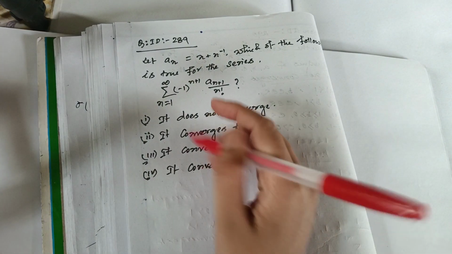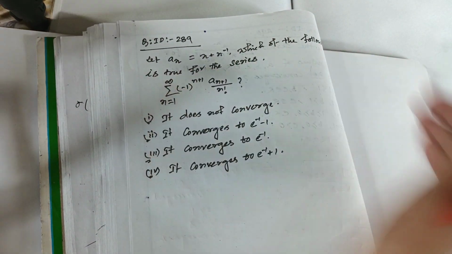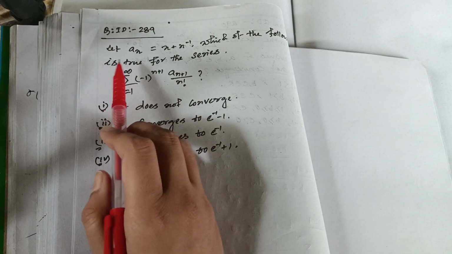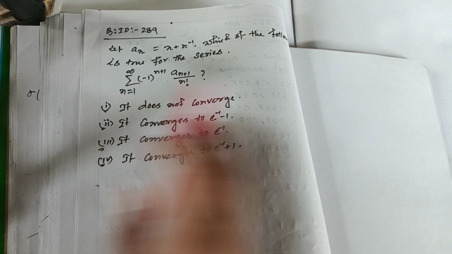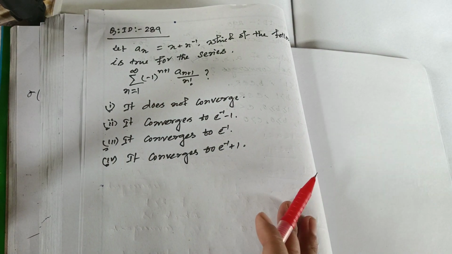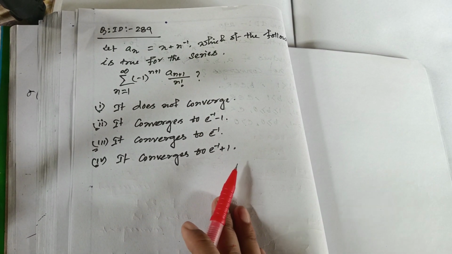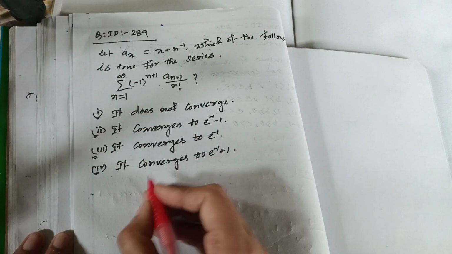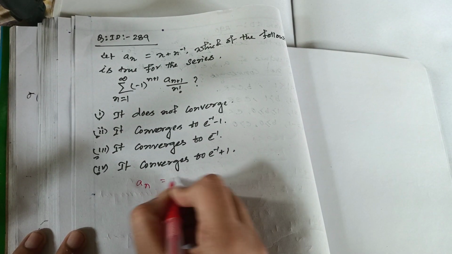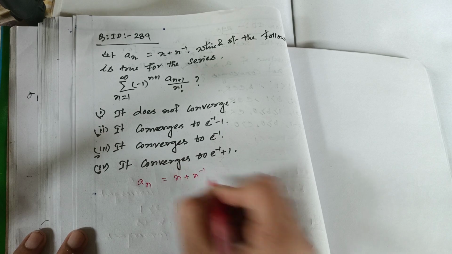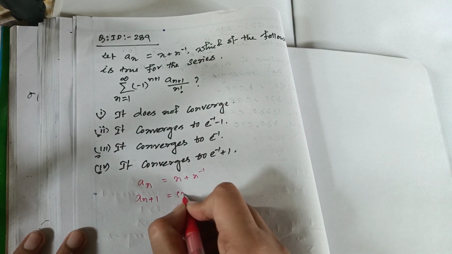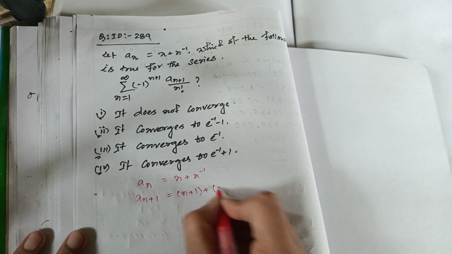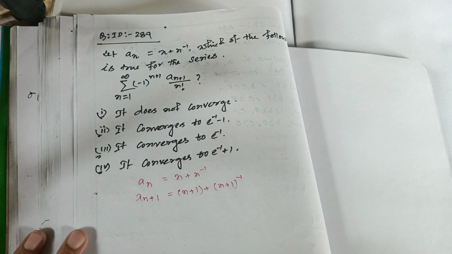Now go to the next question, ID number 289. Here the question says that a_n equals n plus n to the power -1. Which of the following is true for the series? Here a_n equals n plus n to the power -1. So a_(n+1) equals what value? n plus 1 plus (n plus 1) to the power -1.